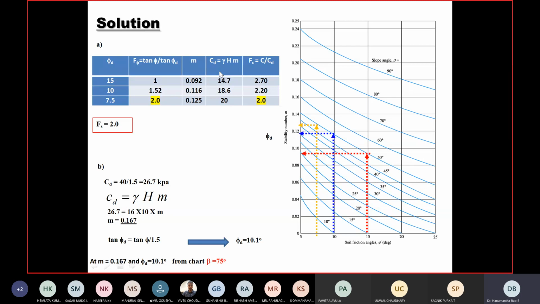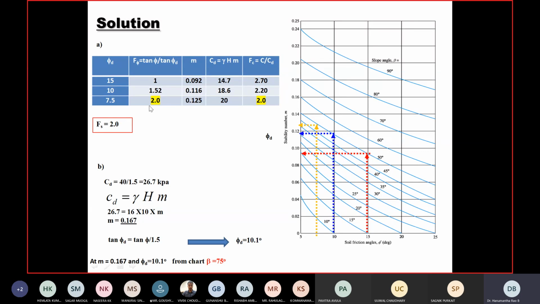Once cd is known, calculate the factor of safety as a function of the cohesion, which is nothing but c by cd, which gives a factor of safety of 2. So in this case, when we have assumed the phi d of 7.5, Fphi perfectly matches with the Fc.